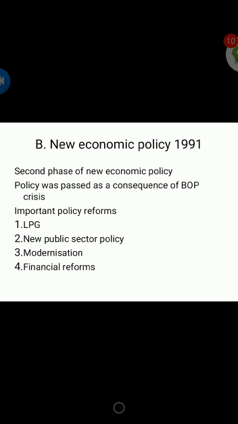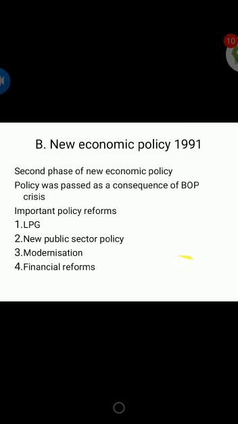The next is modernization. Modernization is nothing but some incentives were given to industry to modernize. The firms were encouraged to spend more on research and development. Tax concessions were given, and other facilities were offered to develop new technology. So IT/BT industries were more supported.